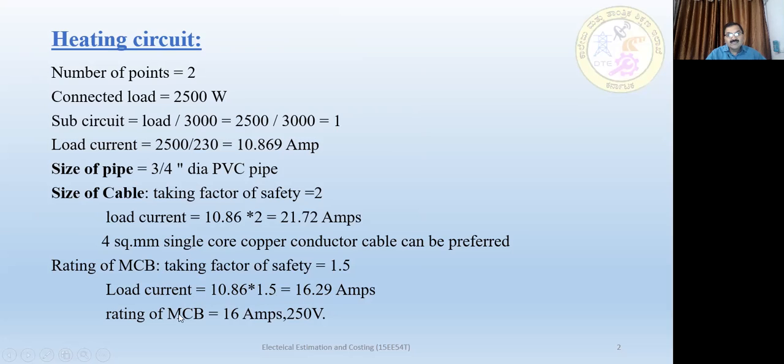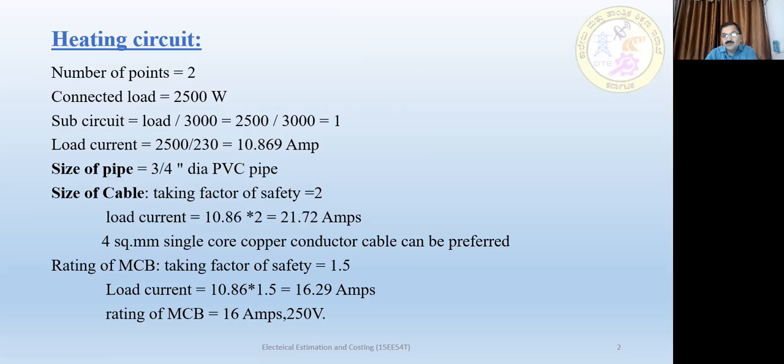Now we can select 16 ampere, 250 volts grade MCB. So 0.29 is nothing. We can go for 16 amps, 250 volts MCB in the heating circuit in the distribution board.